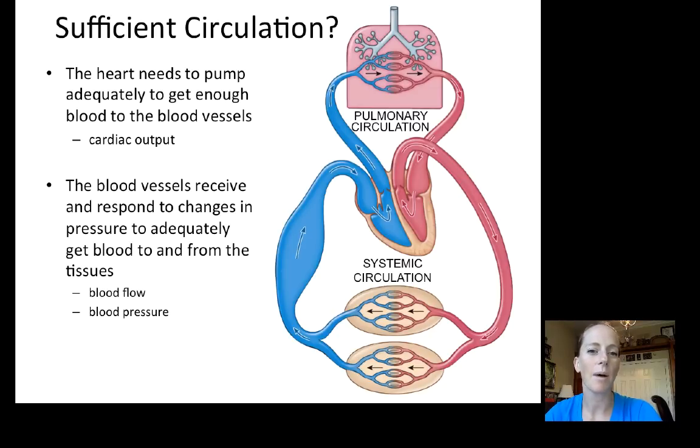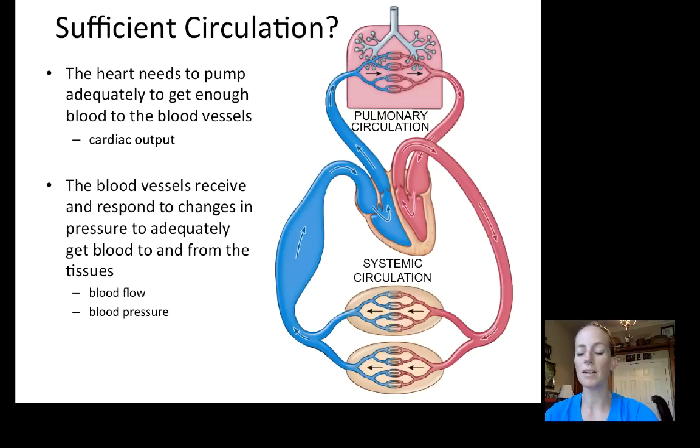So the heart needs to pump adequately to get enough blood to the blood vessels, and we're going to measure that in cardiac output. So cardiac output is how much blood the heart is pumping out. The blood vessels then will receive and respond to changes in pressure to adequately get blood to and from the tissues.